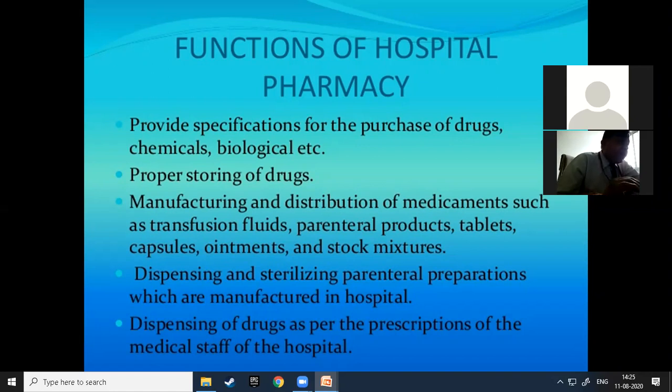Dispensing of drugs as per the prescription of the medical staff of the hospital. All these things come under the function of hospital pharmacy.